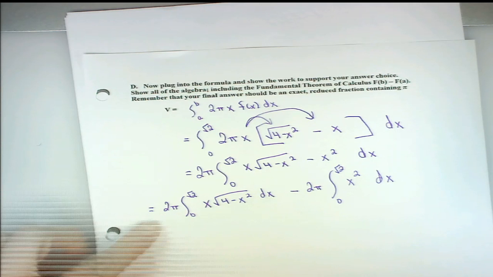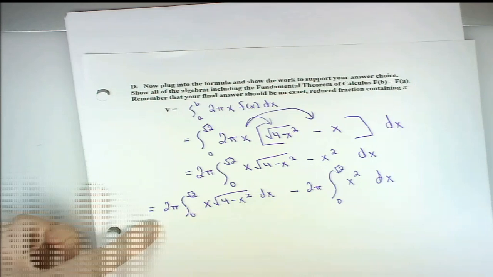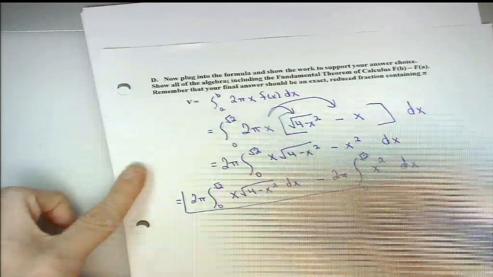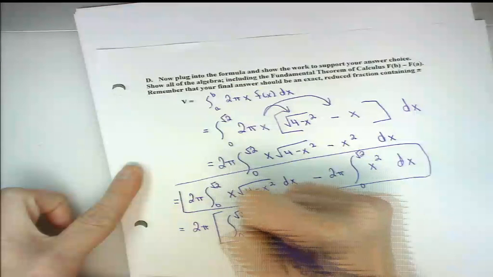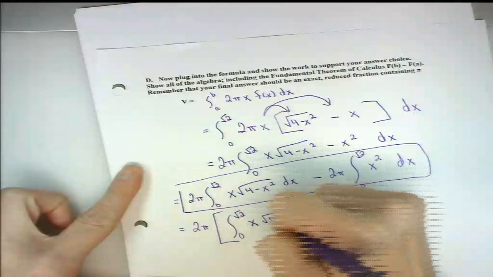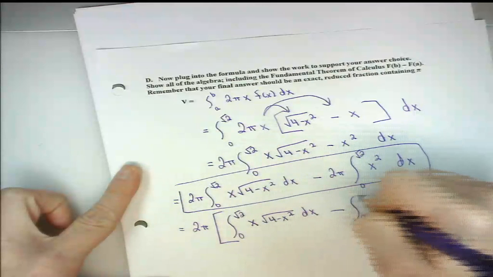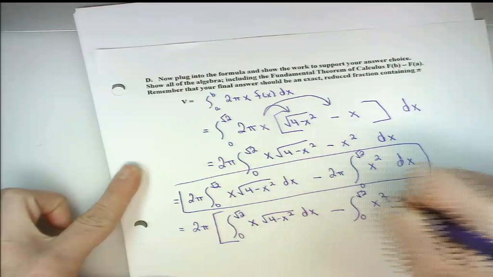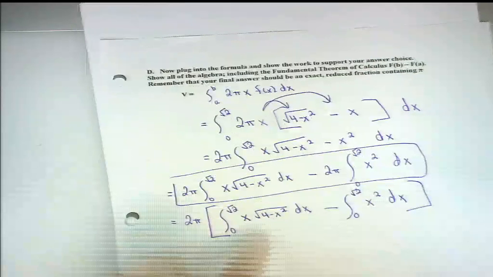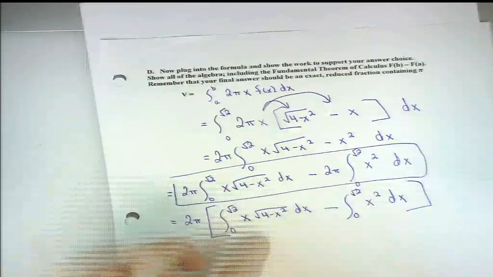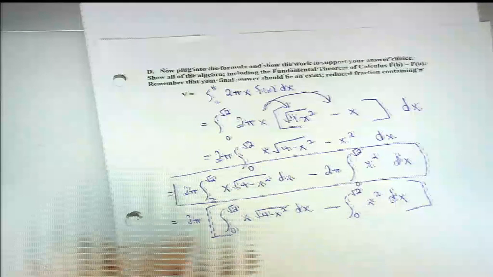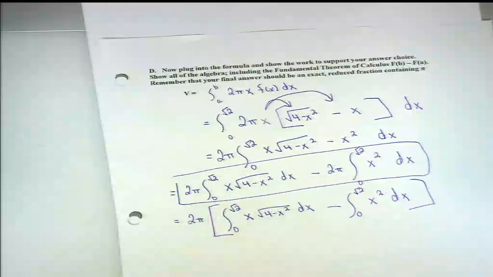You could keep your 2 pi out. I'll say you could, so you could do it that way also.